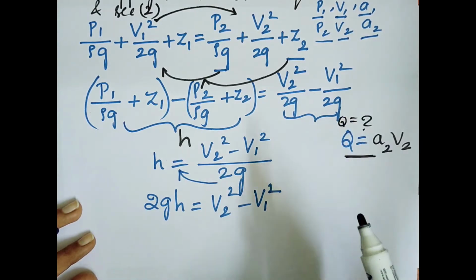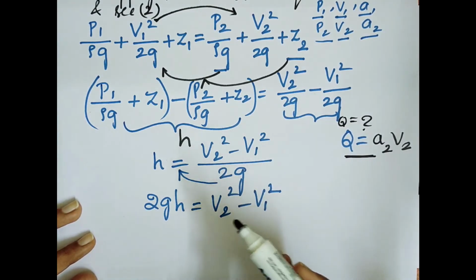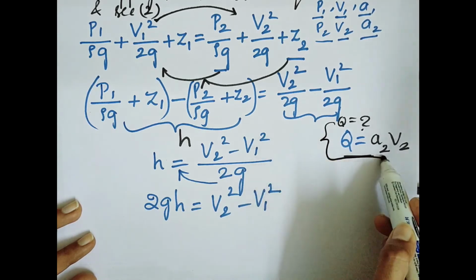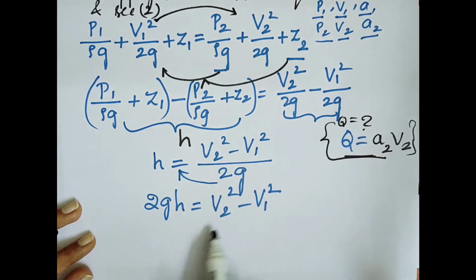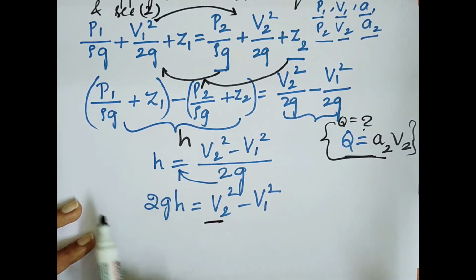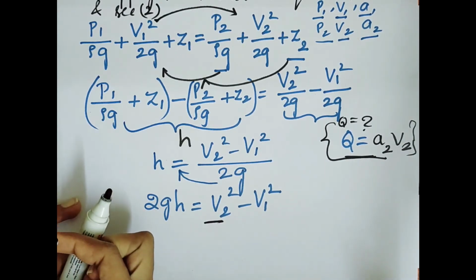What we have done in the previous case, that is for the venturimeter, the same thing we have to do here also. That is Q is equal to A2 into V2. So now we have to rearrange the equation for V2.